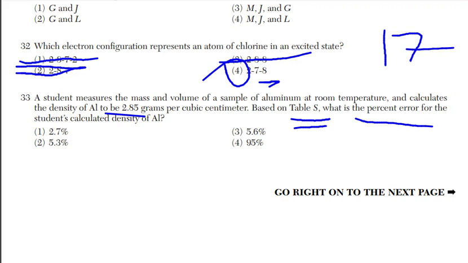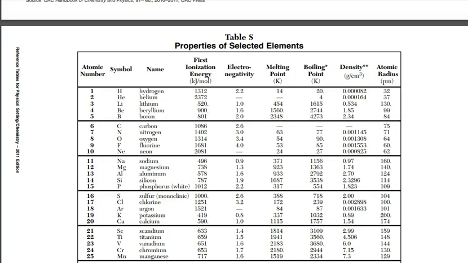So let's just do that right now. We need to find aluminum, and here it is. It's element 13, and we need to go over to density for aluminum, and the density is 2.70. So that is our known value, and we're going to go ahead and use that now for our percent error calculation.